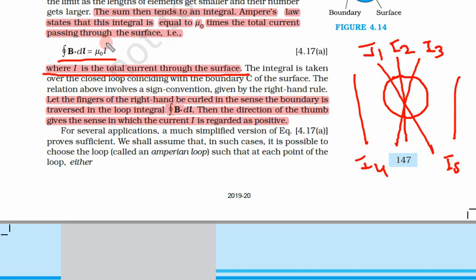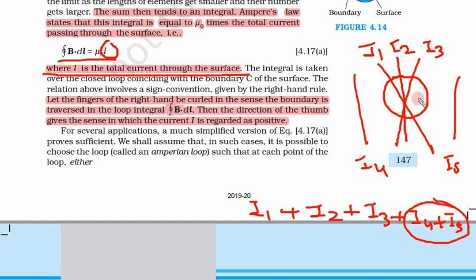So again, this I is not I1 plus I2 plus I3 plus I4 plus I5. These two currents are not passing through this loop. So what are the currents passing through this loop? I1, I2 and I3.